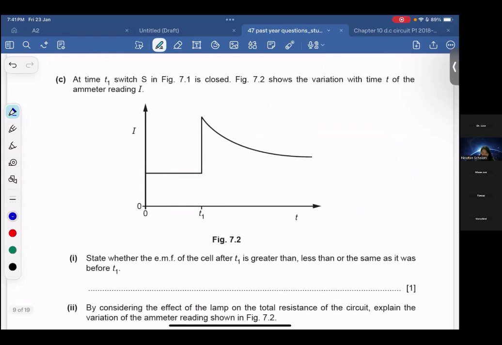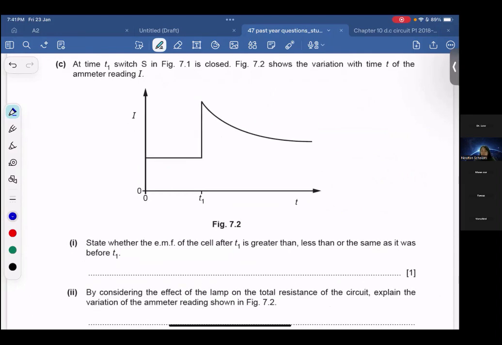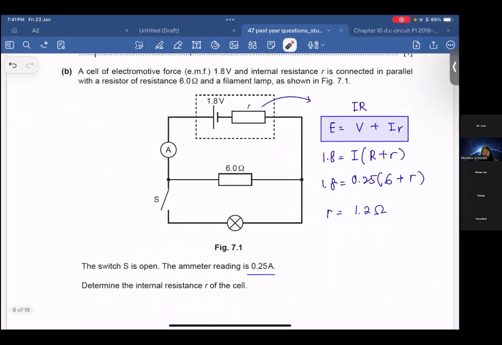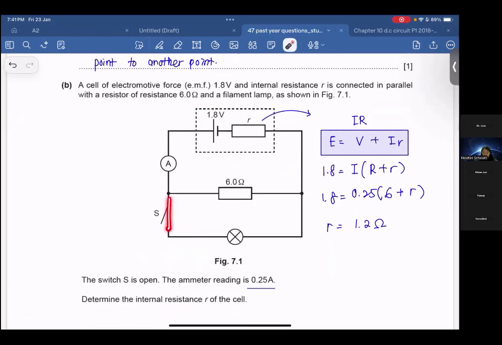The main thing I want to mention is here. Look at this. At time T1, we close the switch S. Figure 7.2 shows the variation with time t of the meter reading. So at time T1, we close the switch.